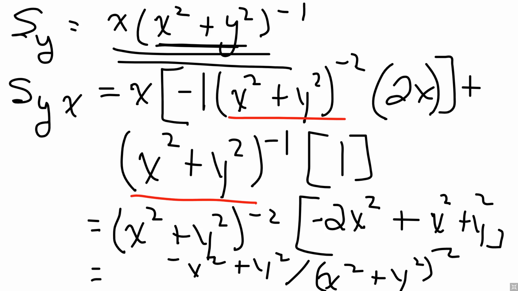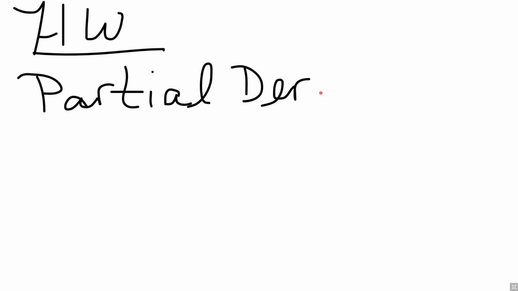Okay. So for homework, you've got the partial derivative homework. I think I've already got the answers in there and everything. You really need to practice this. If you don't practice, then it's going to be kind of a snowball effect when we throw in chain rule.